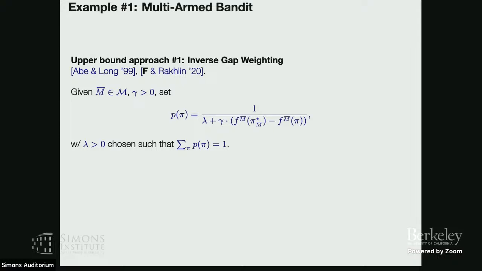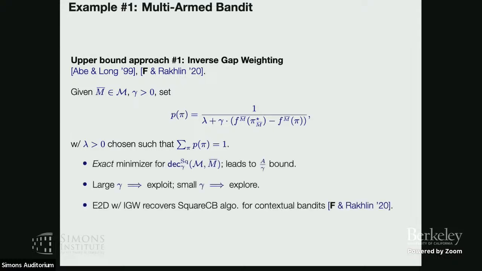It's scaled by the parameter gamma, and then we pick a normalization constant lambda that makes it sum to 1. You can show that this exactly minimizes the DEC I showed on the previous page. This is a pretty easy calculation: you pull out the Lagrange multipliers and turn the crank. This leads to an A over gamma bound.